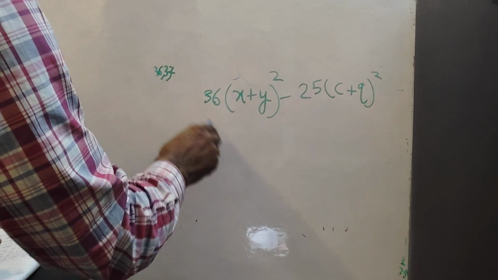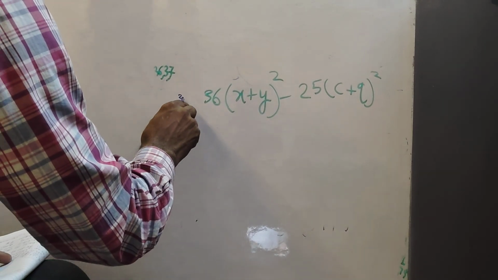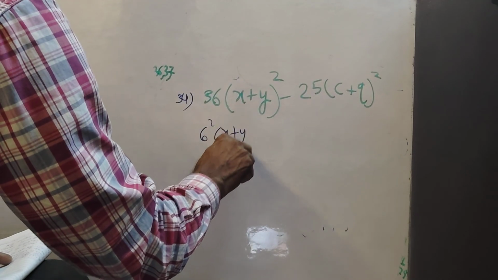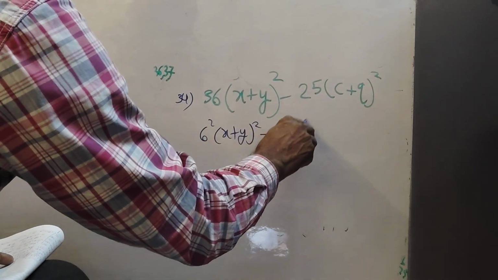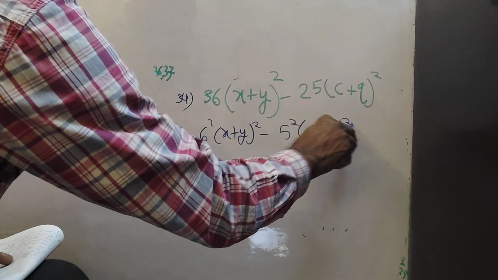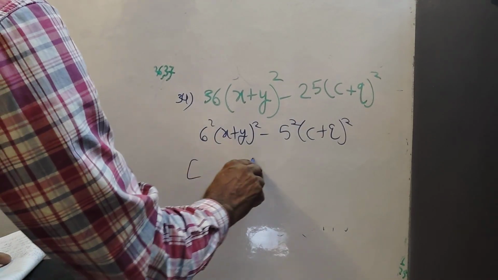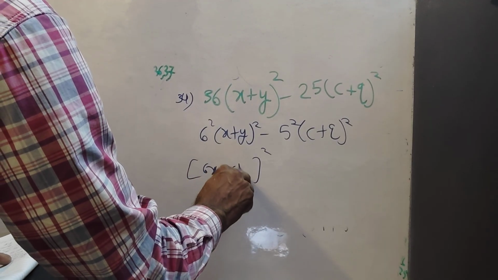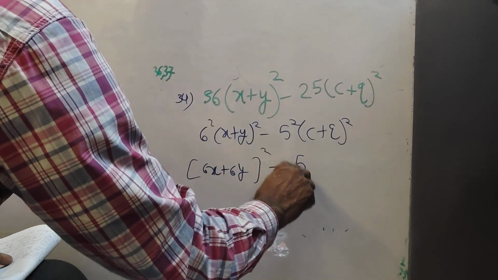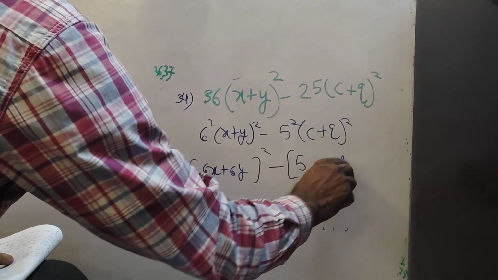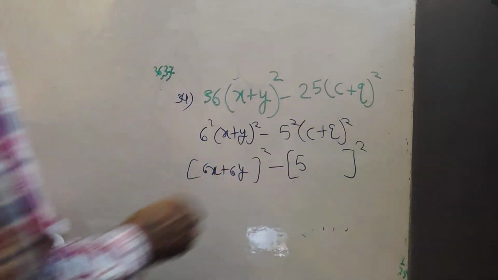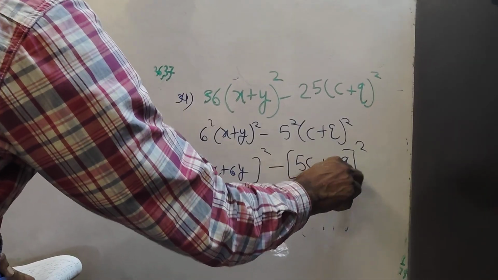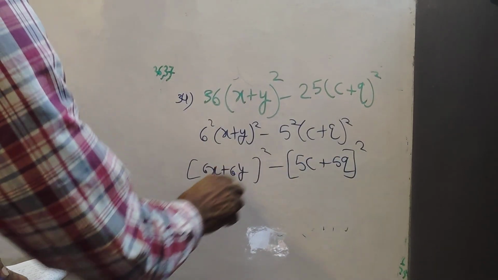So here 36 is written as 6 squared and 25 is written as 5 squared. So 6 squared is taken common, so it becomes (6x plus 6y) after multiplying. And similarly here 5 is taken common, inside it will multiply, the power 2 taken common, so (5c plus 5q). Now there is the identity a squared minus b squared.